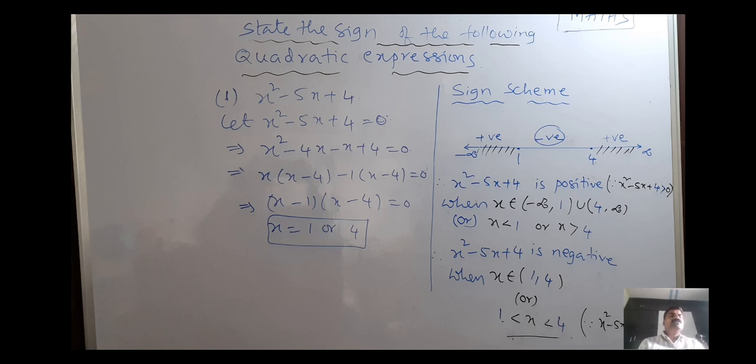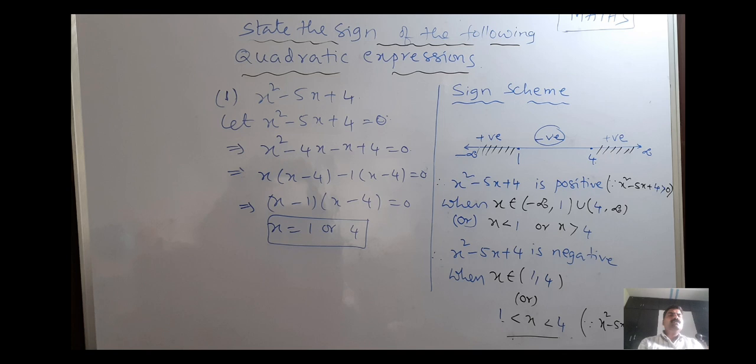If you want, you can choose one number and substitute. For example, 2 is a number which lies between 1 comma 4. Let us substitute x equals 2 in the given expression. Hence x square is 4 and minus 5 into 2 is minus 10.